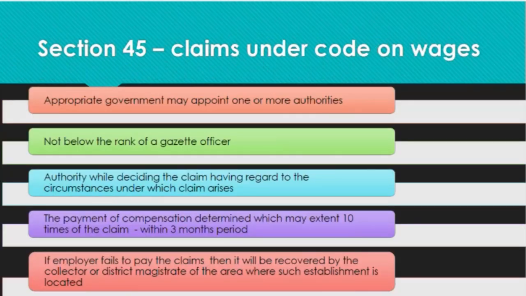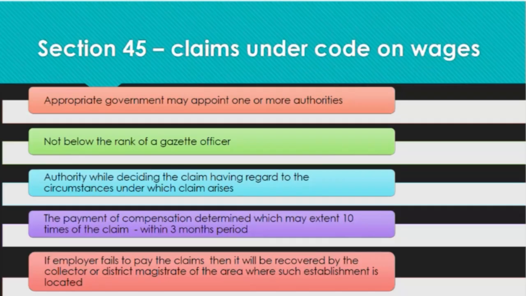Next is claims under the Code of Wages. For bonus related disputes, within 1 month you have to initiate it with the employer. And if the employer is not abiding, the appropriate government has appointed more than one authority to deal with these disputes, at district level and state level, who will deal with the disputes with respect to the Code of Wages Act.